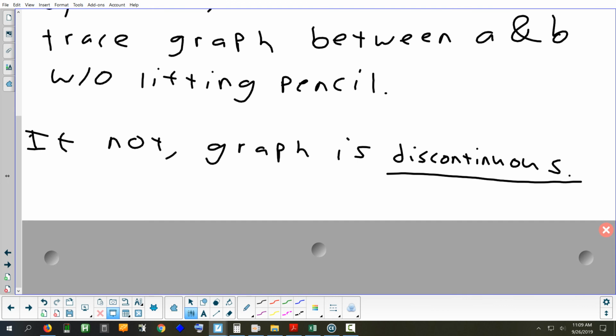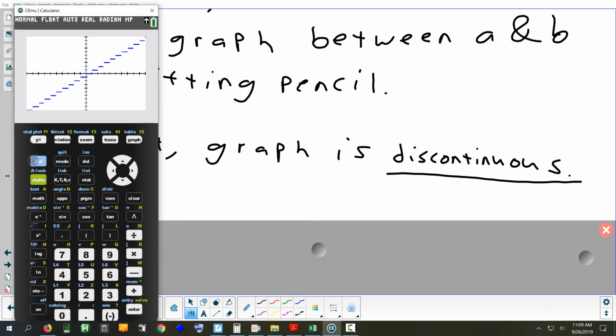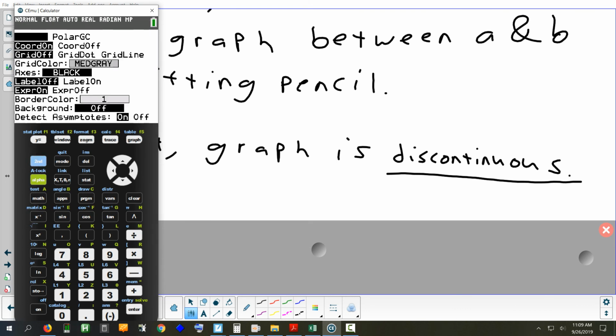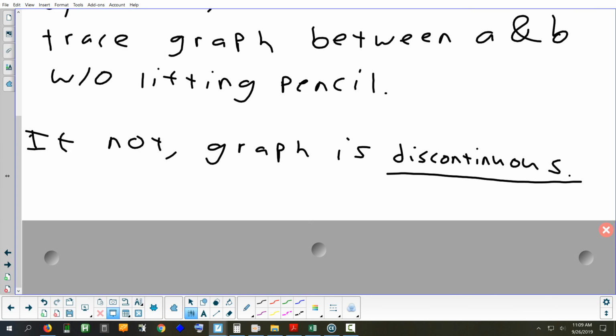Basically means that something happened that, if you were drawing it, caused you to lift your pencil. Now we're going to talk about it, but there's three things that can cause you to lift your pencil. Right? One of them is a divide by zero. That's an asymptote. Right? And you might have noticed, I didn't really point it out, but this detect asymptotes. Okay? That's one of the ways you could have to lift it up.